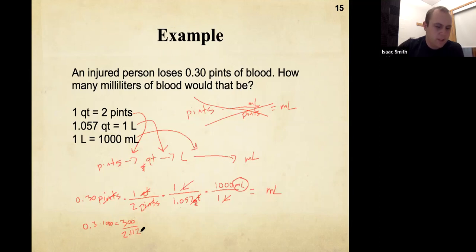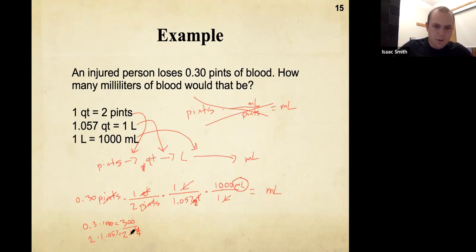Sorry, I messed that up. So let me write this out: 2 times 1.057 equals 2.114. Sorry about that.